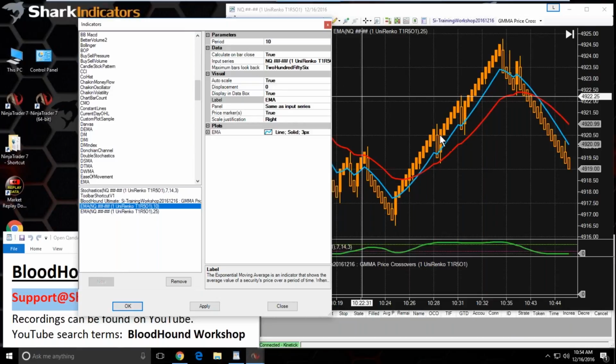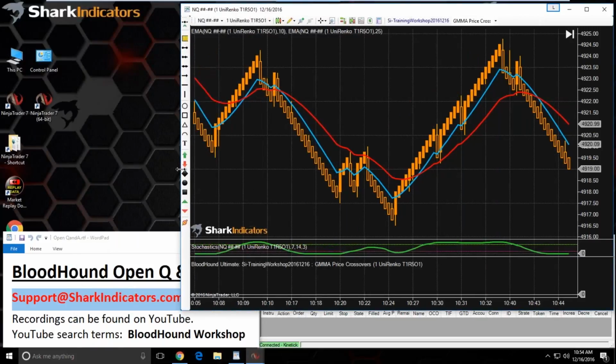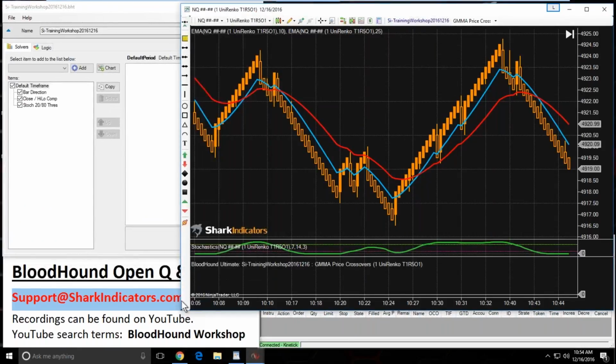So whenever price is crossing up there, we're getting the same results. So I think this will work for us, at least as far as building the BloodHound logic, this should all just work fine. All right, let's get BloodHound back open.